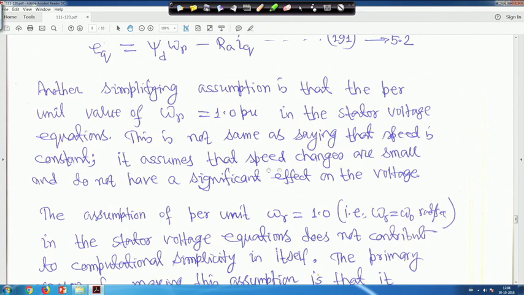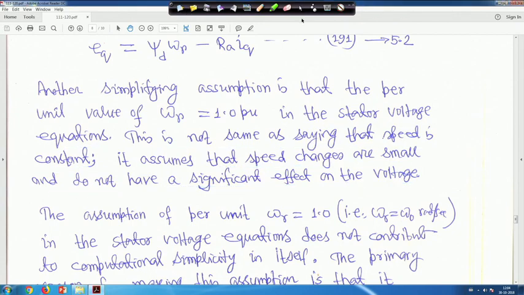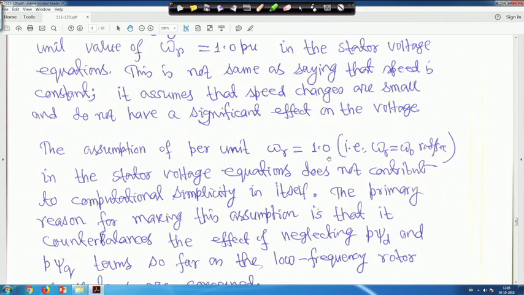It assumes that speed changes are small and do not have a significant effect on the voltage. So, this sentence is very important: it is not the same as saying that speed is constant, rather it assumes that speed changes are small and do not have a significant effect on the voltage, right.